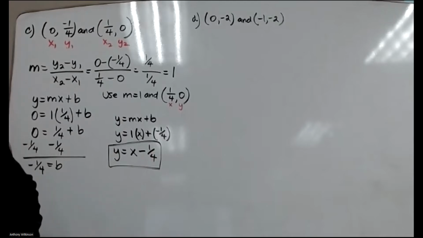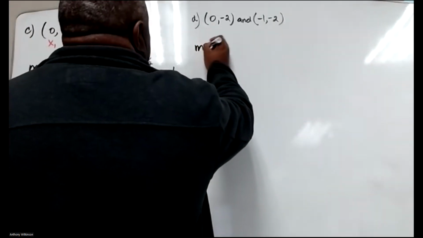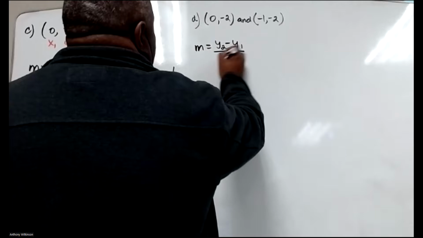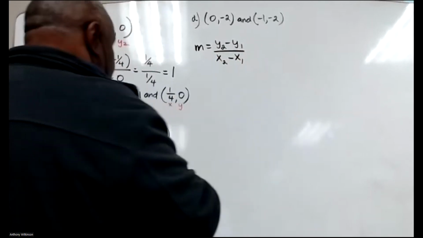And here I want to write the equation of that line through those two points. I'm still going to be using m equals y2 minus y1 all divided by x2 minus x1.